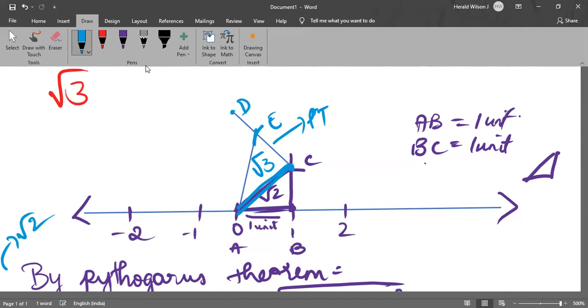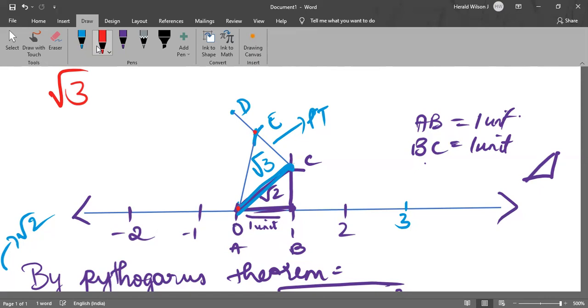This is root 3. Now root 3 must come on the number line. How will we do that? For that you need to take the measurement of AE using your compass, and then from point A cut an arc.